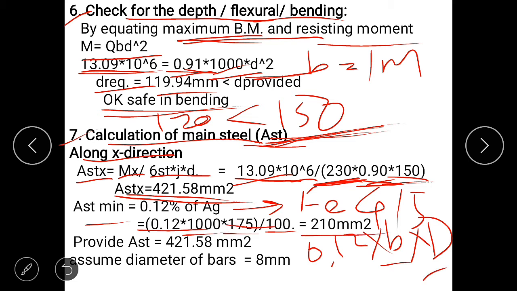So area of steel minimum is 210 mm square. Provide whichever is greater between AST minimum and AST in X direction. 421.58 is larger, so we provide 421.58 and we assume diameter of bar is 8 mm.